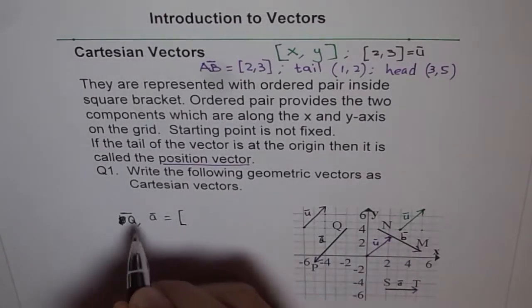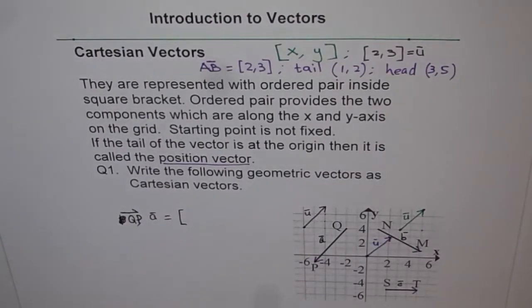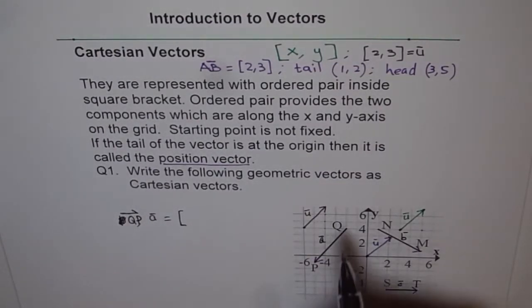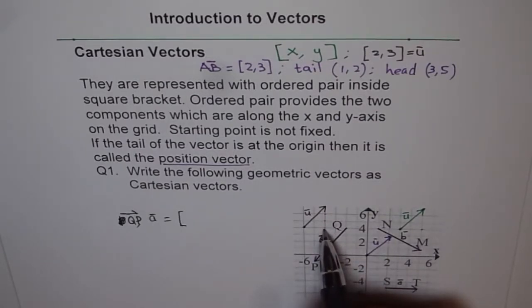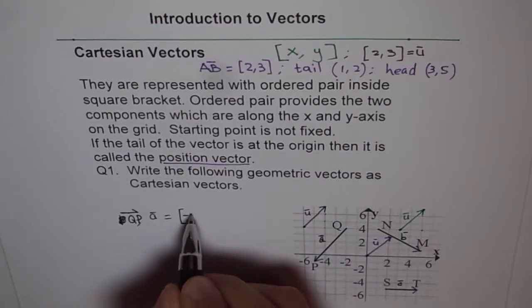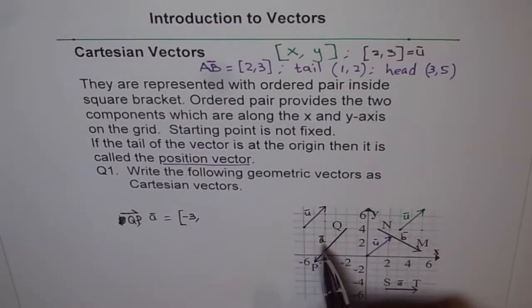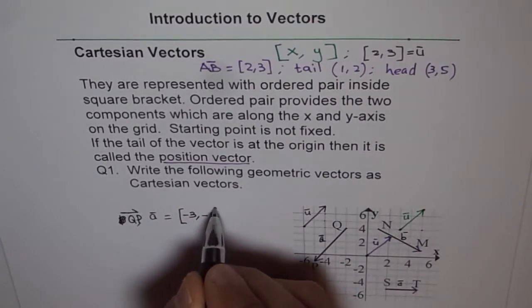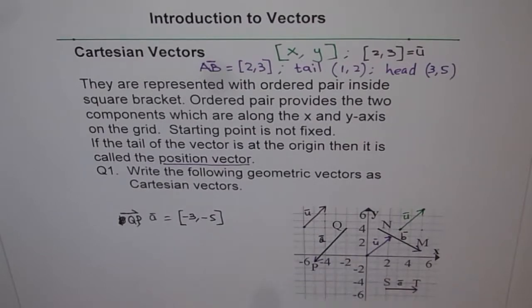It should be Q to P, so QP is the correct thing to write, and vector A. From Q to P, 1, 2, 3 steps left for x, so minus 3. And how much down? 1, 2, 3, 4, 5. Minus 5. That represents vector QP. Do you get it? That is how you can get your answer and translate your geometric vectors into Cartesian vectors. I hope you understand and appreciate the concept. Thanks and all the best.